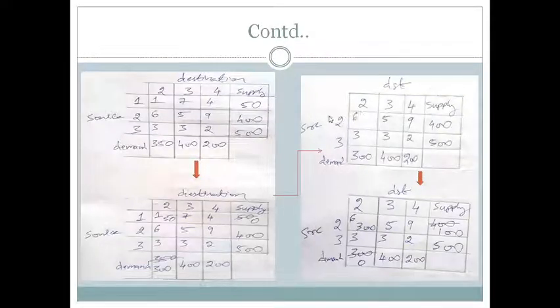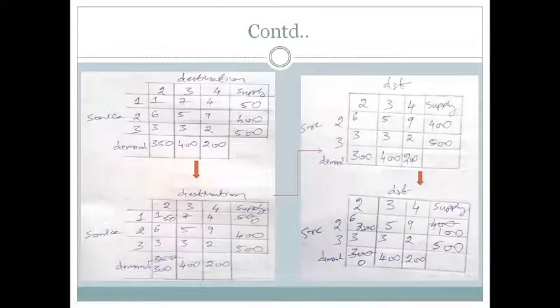Now we have one row deleted, one column deleted. So I take the northwest corner cell, which is nothing but C22 here. I make the comparison with supply and demand, and the demand is the least here. Put the 300 value here at C22, then subtract this 300 from supply and demand, so this becomes 100.